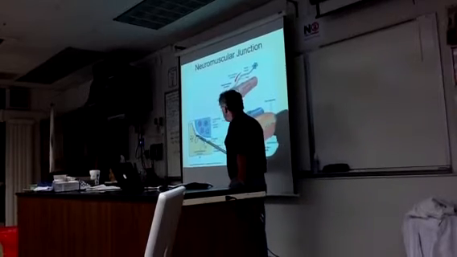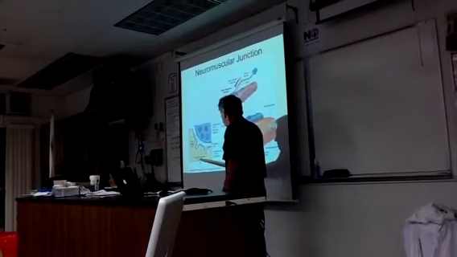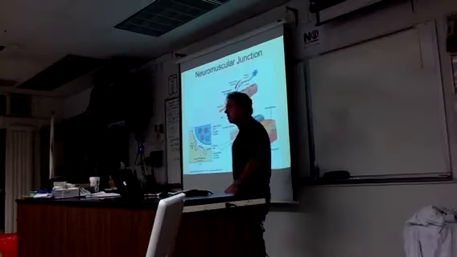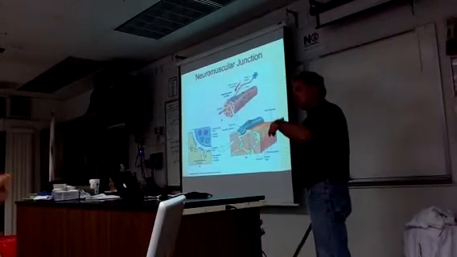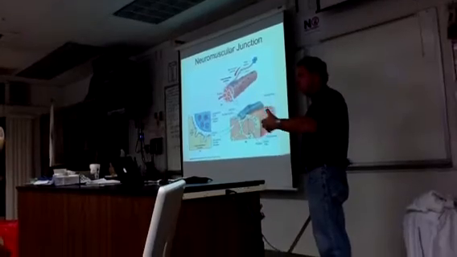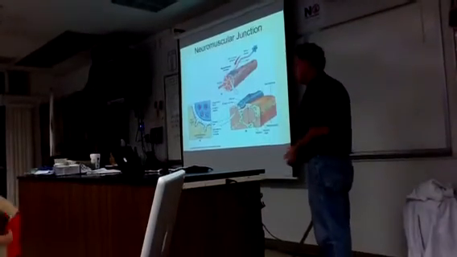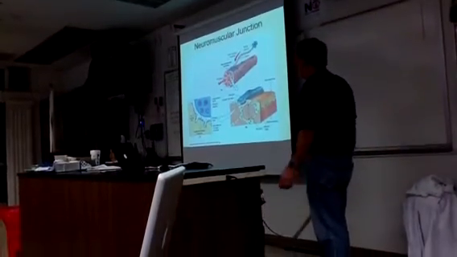Also, we find in this little cleft here acetylcholinesterase molecules, which are an enzyme which breaks down the acetylcholine, and the cycle will then be interrupted or not continue because the acetylcholine is being broken down.